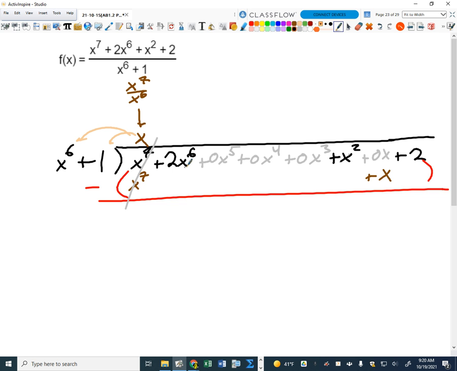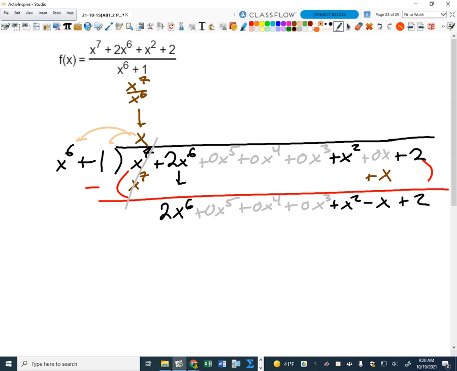So I'm going to get 2x to the 6th minus 0. That just drops down, 2x to the 6th. All this stuff just stays the same. And then what's 0 minus x? Negative x. Okay, and we do it again.